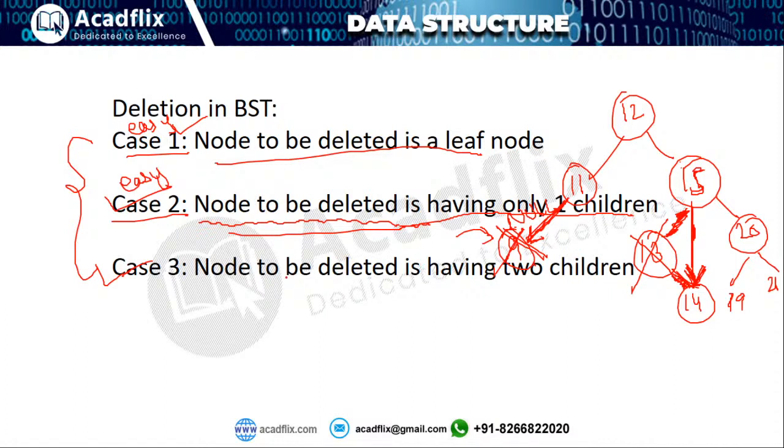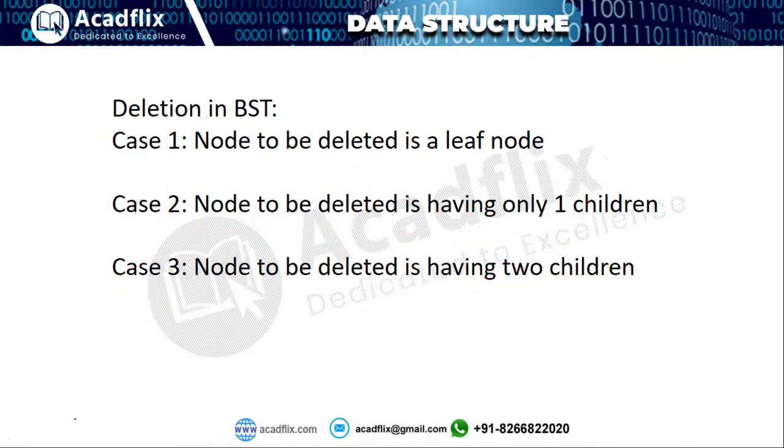But what happens when the node to be deleted has 2 children? This case is actually important. So I'll clear the screen to make some space, and now I'll discuss this point. Let me make one more tree: 3, 10, 11, 9, 8.